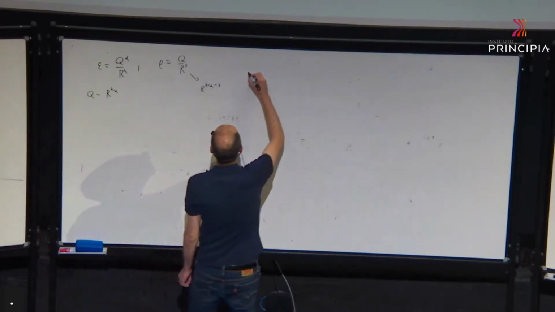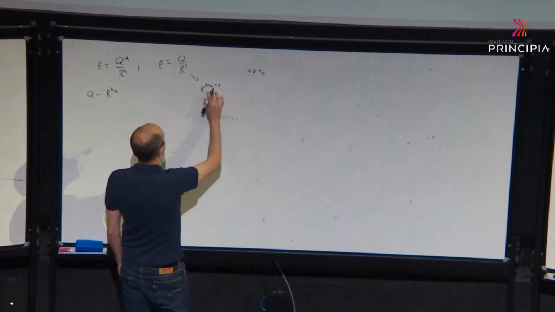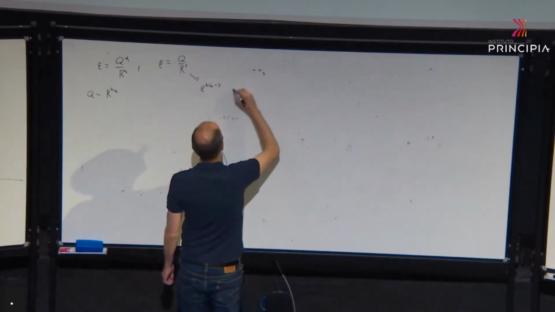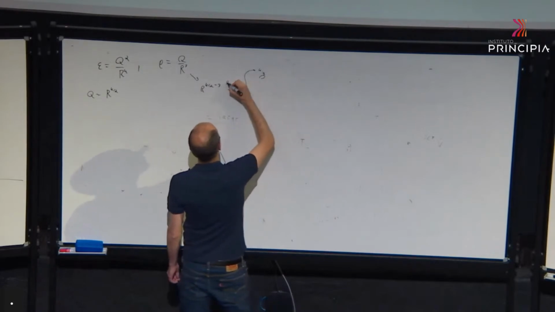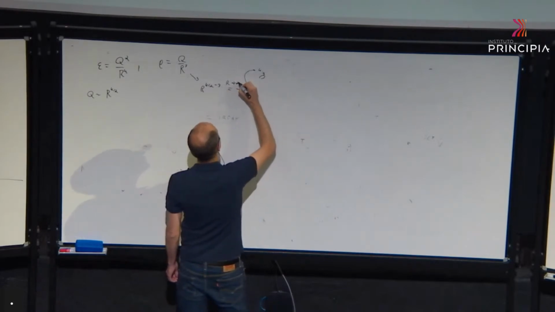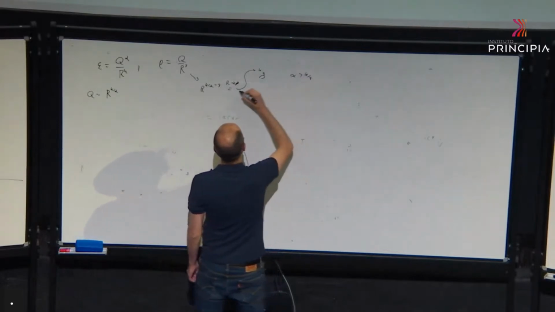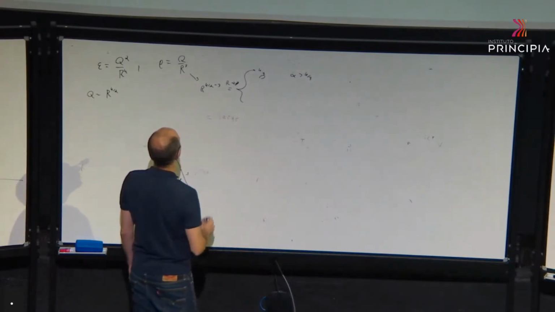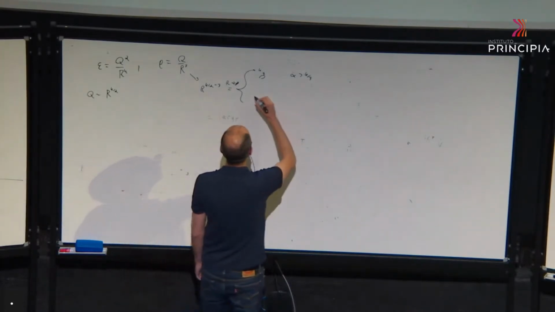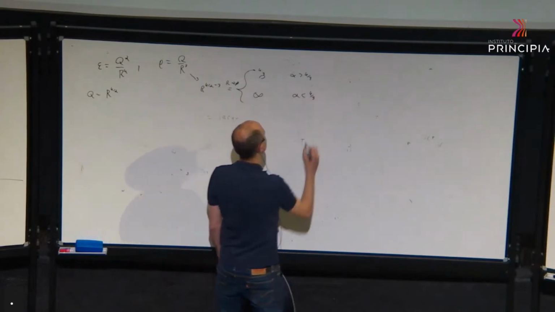So if alpha is larger than 4/3, this goes to zero for R to infinity, if I'm not getting the algebra wrong. It becomes infinity if alpha is less than 4/3.